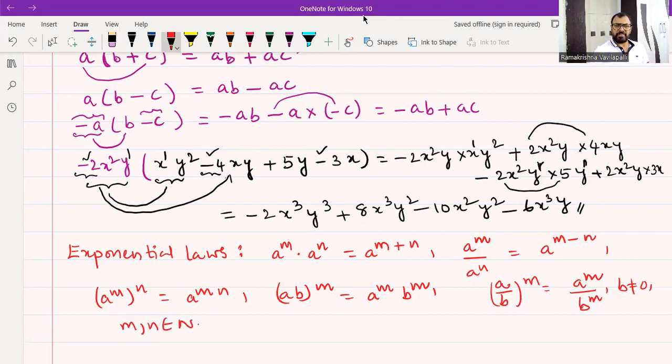So these rules we frequently use in simplifying expressions, and here A power 0 equals 1 when A is not equal to 0. To understand this concept clearly, you can watch the exponential laws video on my channel.